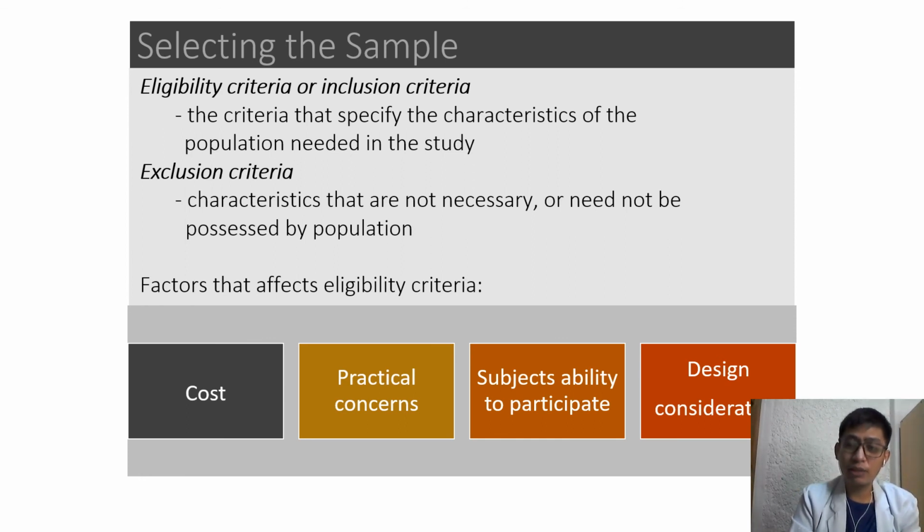Subject's ability to participate should be observed, because if the respondent is busy or preoccupied with other matters, then you should remove them as a sample, because it may affect the analysis of your research. And design consideration.